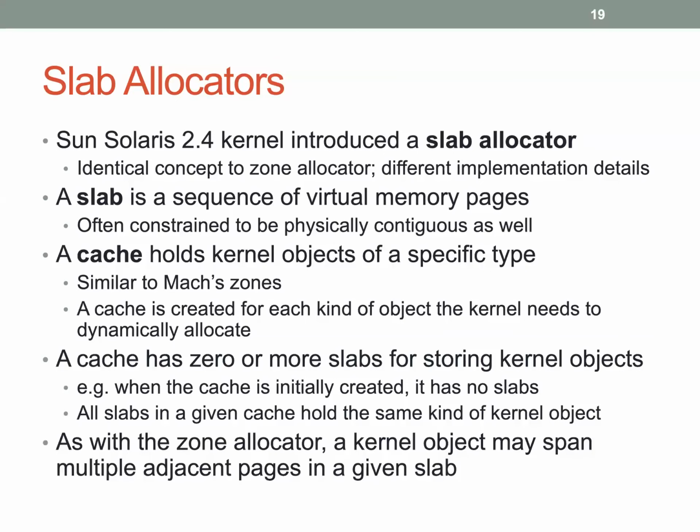So these slabs are chopped up into little chunks that are exactly the size of the object that they're for storing. And so it's certainly possible, as before, that an object may span the boundaries of a virtual page. This is fine. We don't mind because it's still virtually contiguous and the software won't know any difference.